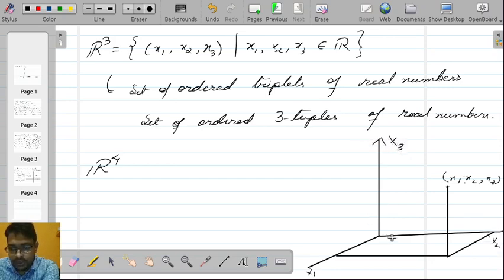So this length will be your x1, this length will be x2, and this height will be x3.